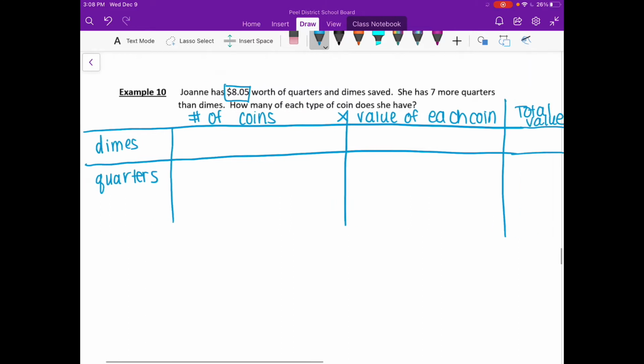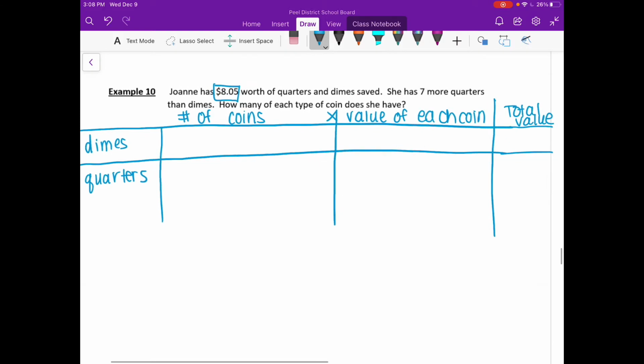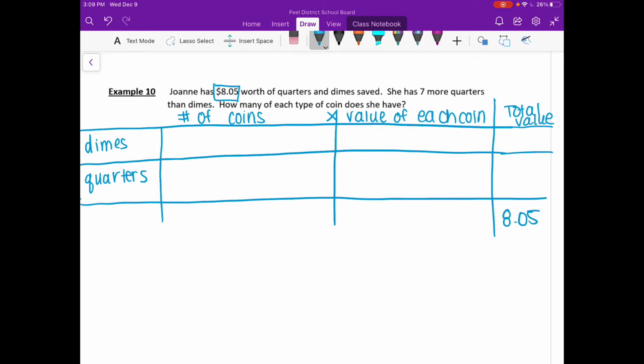So in this specific question, I have $8.05 in total value when I add these two together. I know that Joanne has 7 more quarters than she has dimes.